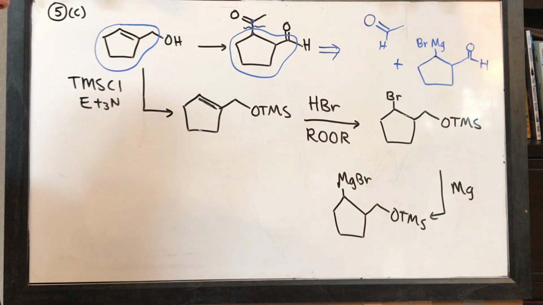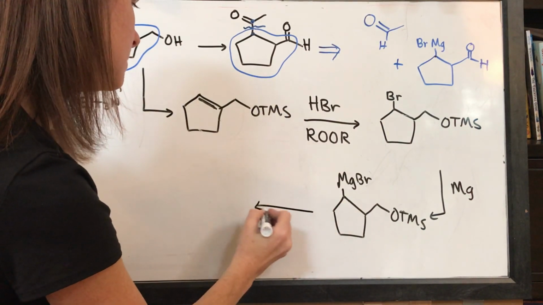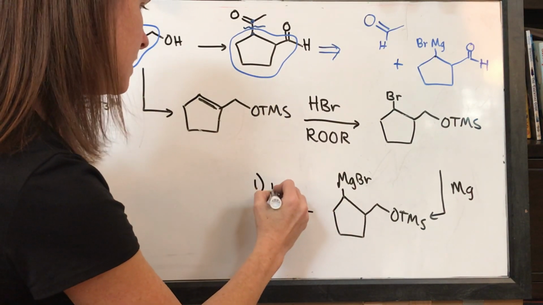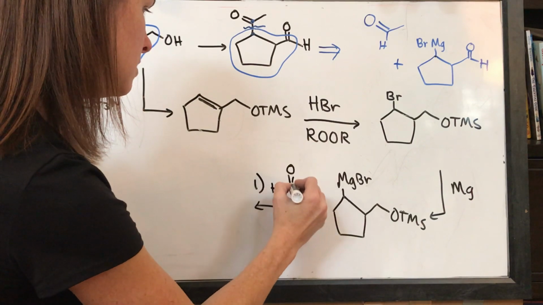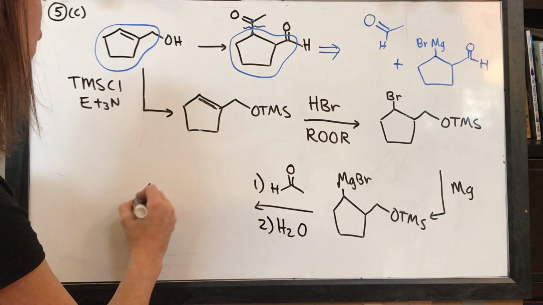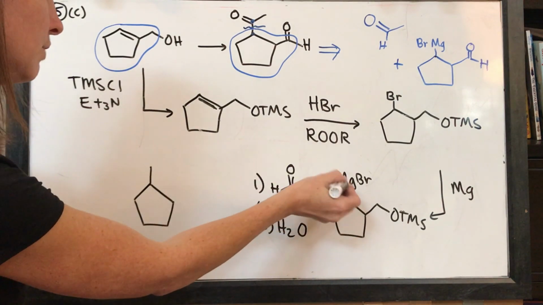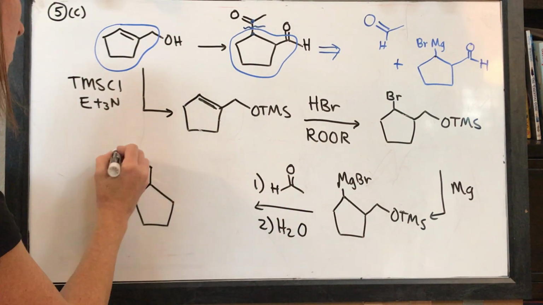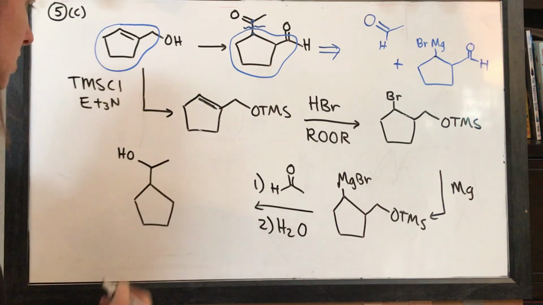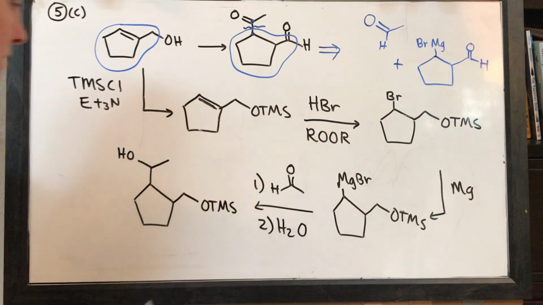Okay, next I can do my Grignard reaction, and we decided that we were going to use a little carbonyl compound that looks like this. So I'll throw in this aldehyde, and then always work up my Grignard reaction with water. And at this point, when the Grignard reagent adds, it's going to turn this into an alcohol. So I'll have an OH there, and I still have my protected alcohol down at the bottom, O-TMS.